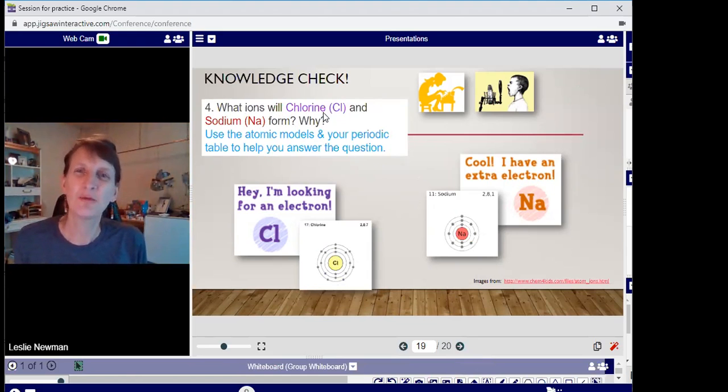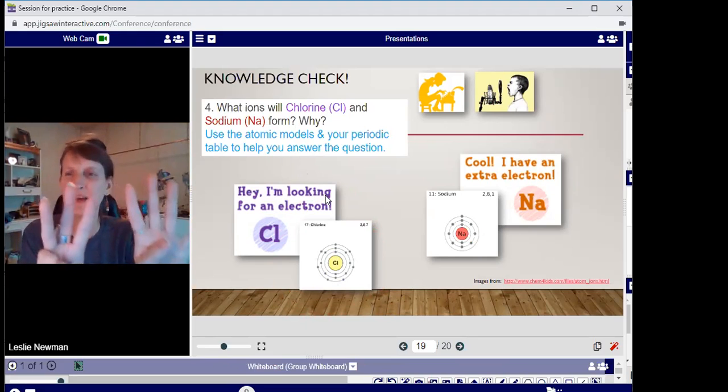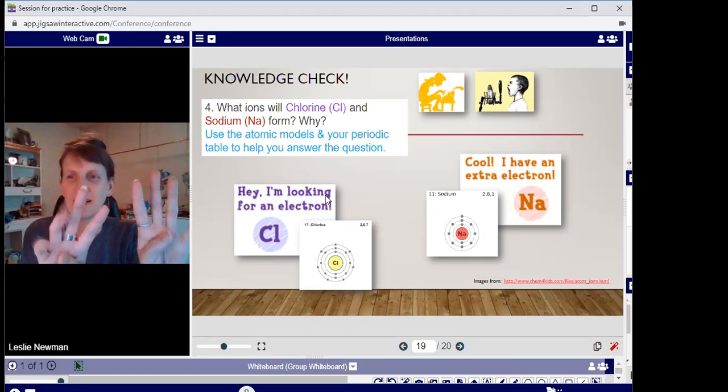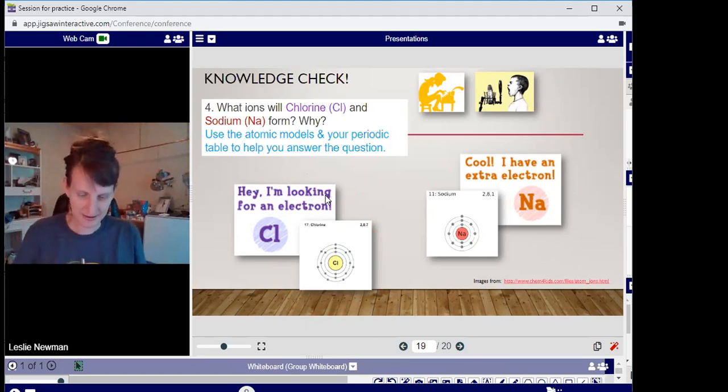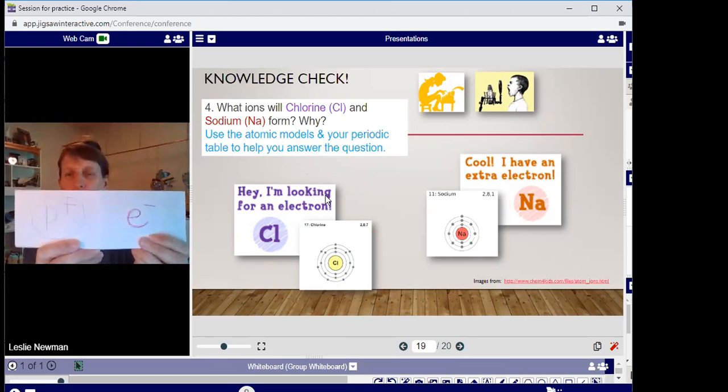What ion will chlorine and sodium form? So take a sec, pause this, see if you can figure it out, and then I'll give you the answer. All right, so the answer to the ion question, what ion will chlorine form? Remember we said it had 7 valence electrons. It wants to get to 8, right? 7 to 8. So how many did it gain? It gained 1 electron.